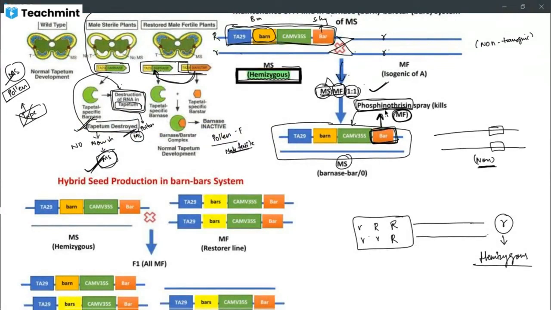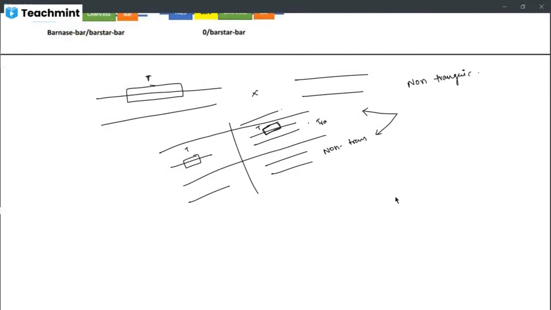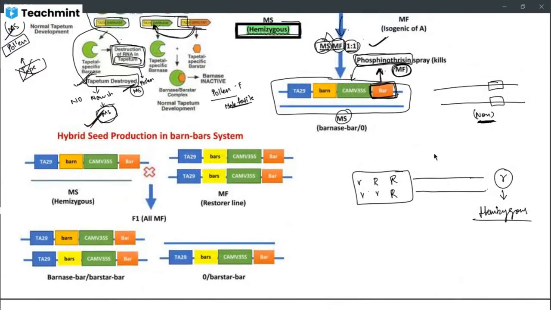When you spray this chemical, the plant which does not have any construct, that is your non-transgenic one, dies. This plant survives. The reason is it has a construct gene called bar, and this bar confers resistance to this chemical. Did you understand?